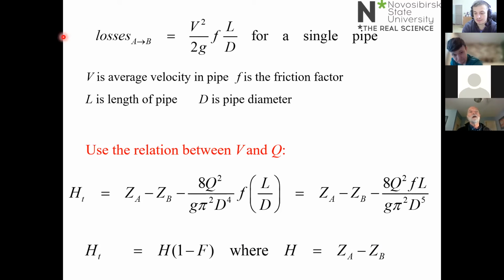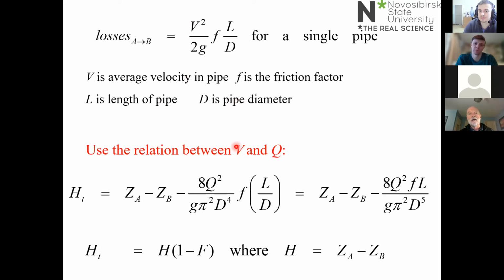The easiest way to accommodate the loss is through what's called a friction factor, this f that appears here. And its relationship to the losses, provided those losses are due entirely to friction, depends on the velocity in the pipe, the length of the pipe, and the pipe diameter.